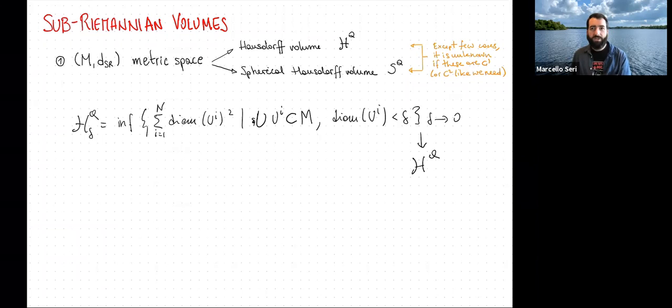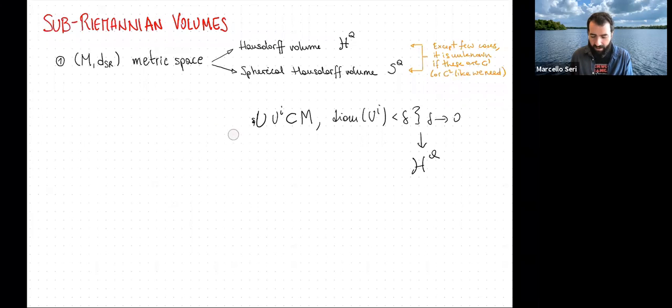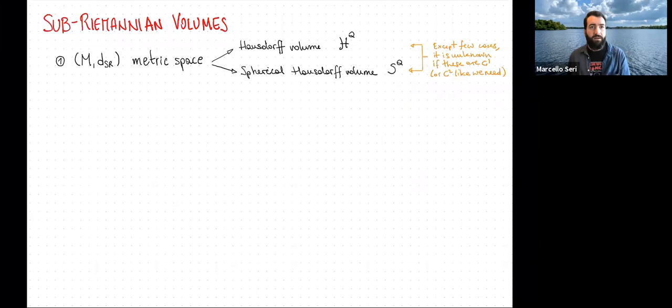So those two volumes have a meaning. They are well defined in the sub-Riemannian case. Except in very few cases, nobody knows if they are even C1. And in our case, we need something that is C2. So this thing that I have defined here in a very badly approximated way, but it should be close enough to how they are defined, is not a very good measure to take, especially because it doesn't have the regularity property that we want.